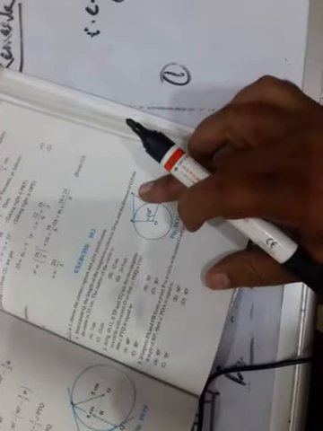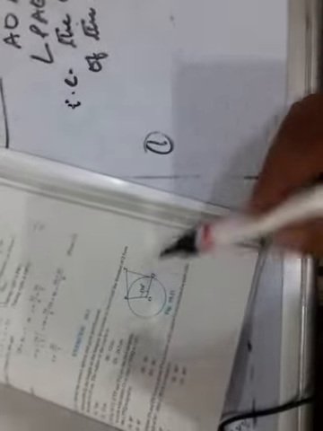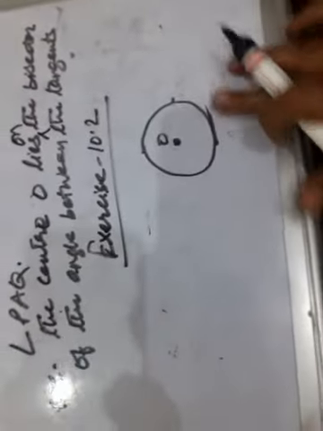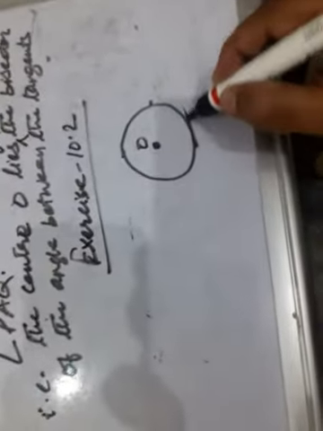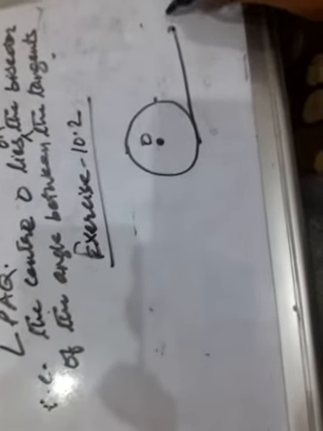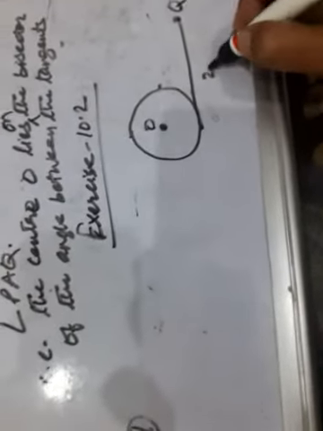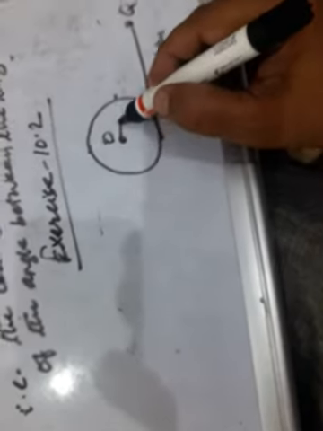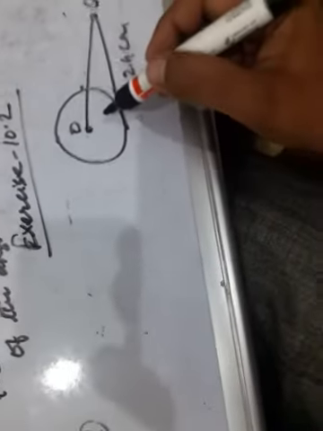And the distance of Q from the center. The center is O. Actually draw it like this for proper shape. This is 24 centimeter and the distance of Q from the center O is 25 centimeter.